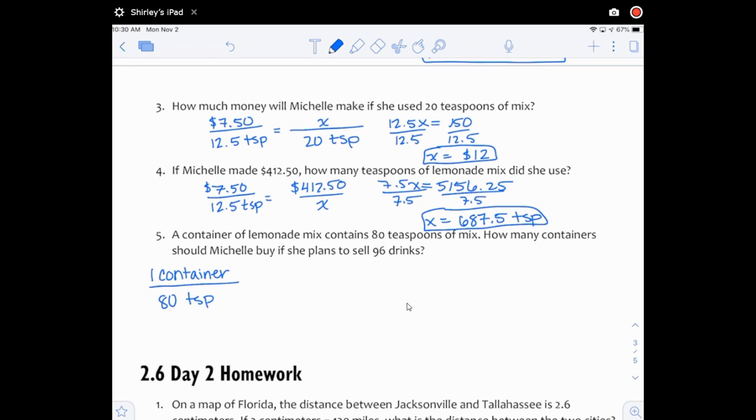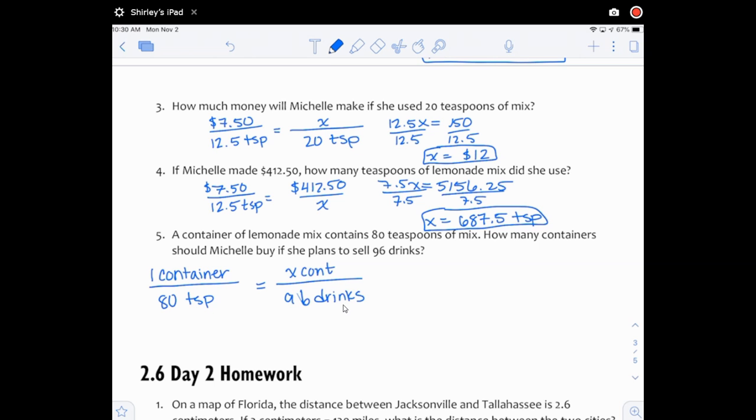I plan to sell 96 drinks. So I need to know how many containers for 96 drinks. The issue here is that when I set up this proportion, my labels don't match. I'm comparing teaspoons to drinks over here. So I need to do some work with some proportions to figure out how many teaspoons is 96 drinks.